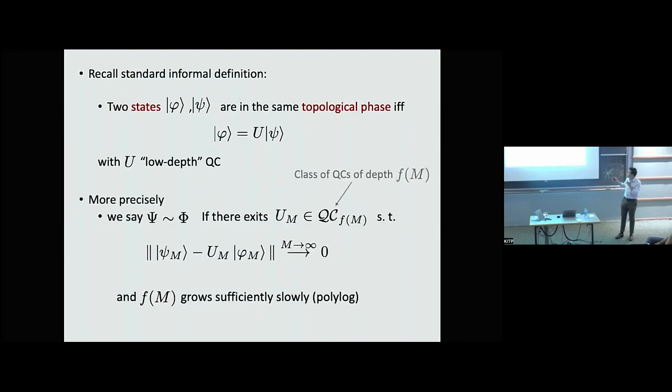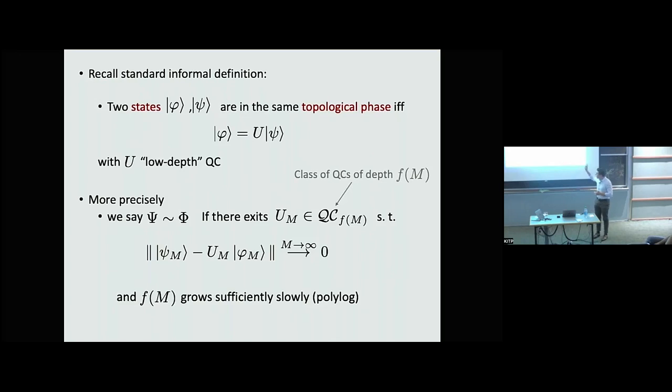But a more formal way to state this would be the following: we say that two states are in the same phase if you can find a unitary circuit of depth f, a function of the system size, such that the distance between the two goes to 0 as n goes to infinity. And now we can put restrictions on this f, which should grow sufficiently slowly. So, for example, you could choose that it grows less than any real power, or maybe it's a polylogarithmic function.